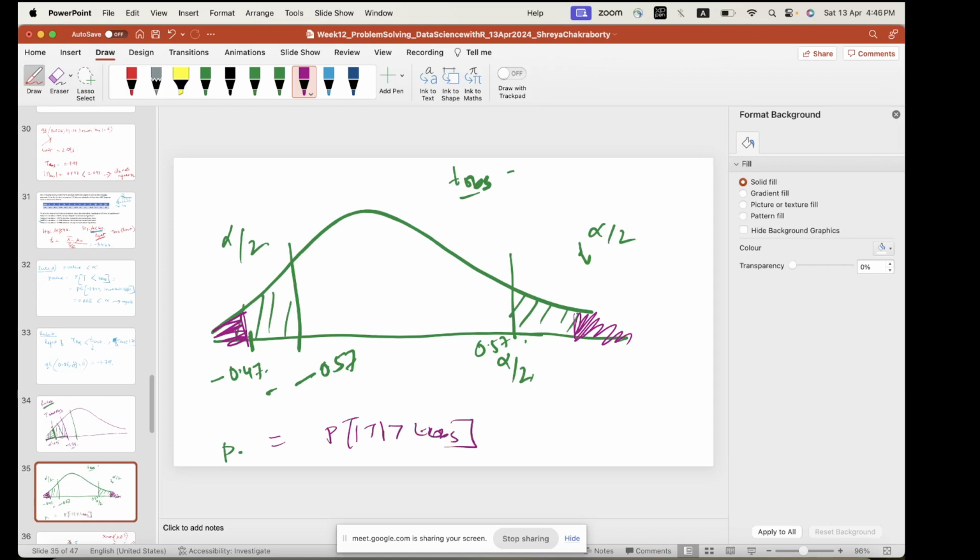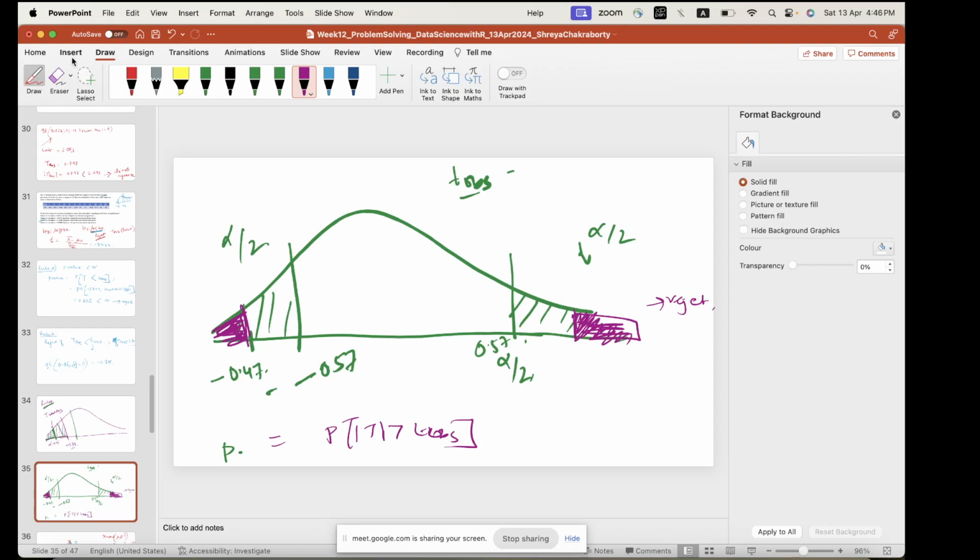That means t greater than this value or t less than minus this value. If you add these two up and the sum is still less than alpha, then you are going to reject.